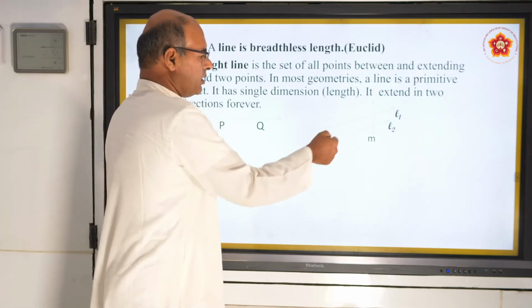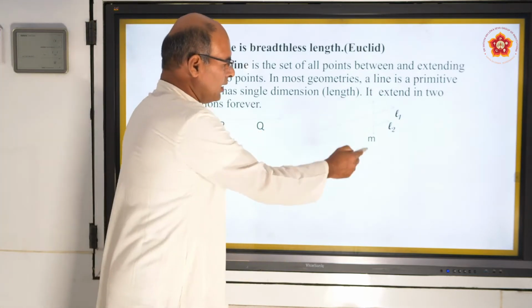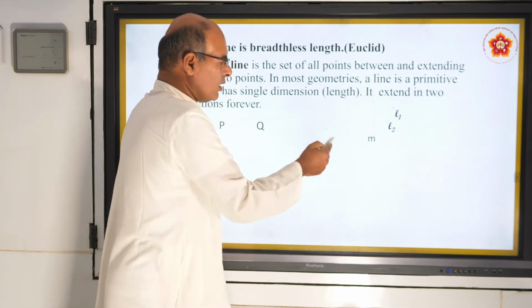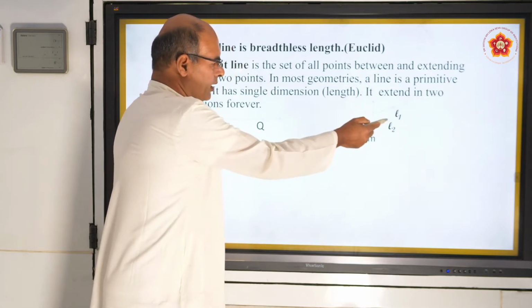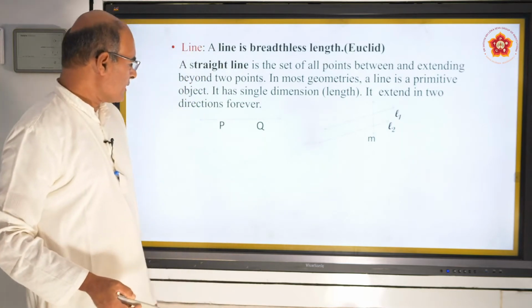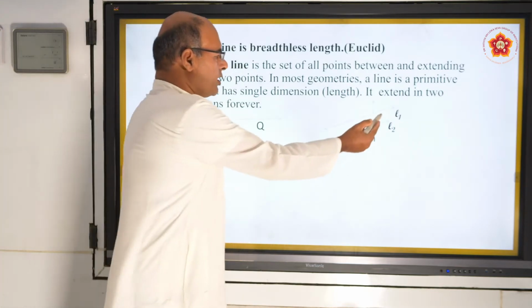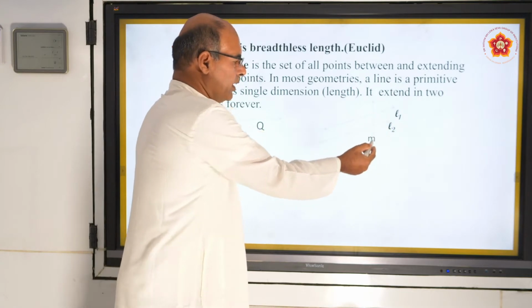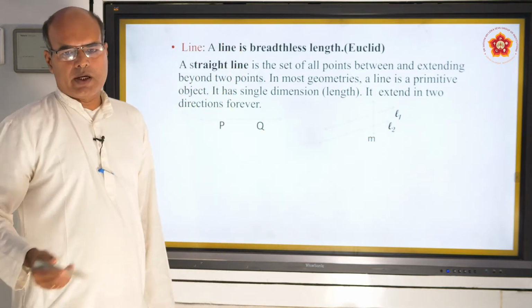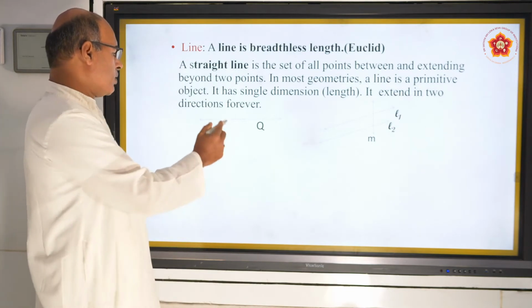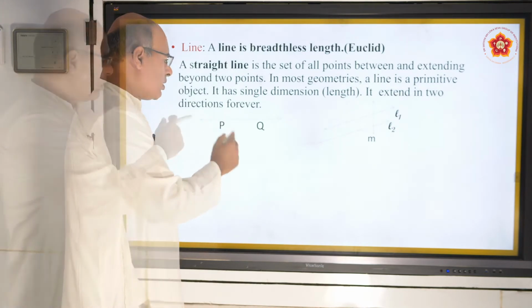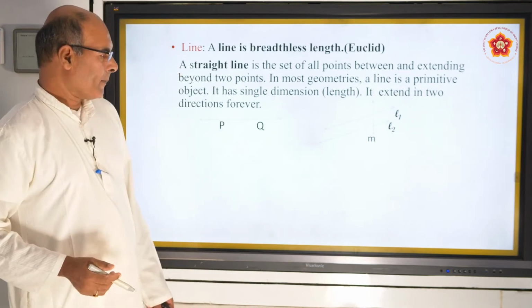If two lines intersect, here lines M and L1 are intersecting here, and L2 and M also intersect here. We can name a line using English small letters like L, M, N, T or L1, L2, or we can use 2 points on the line to name the line.